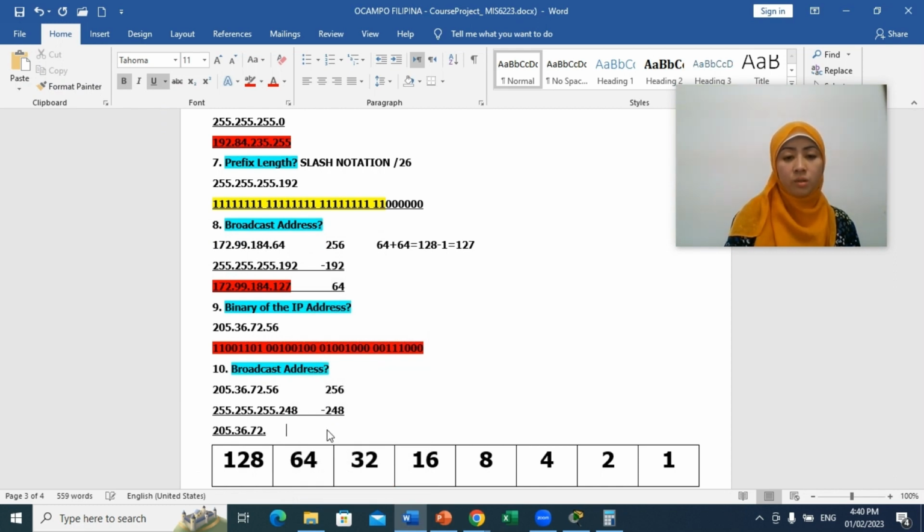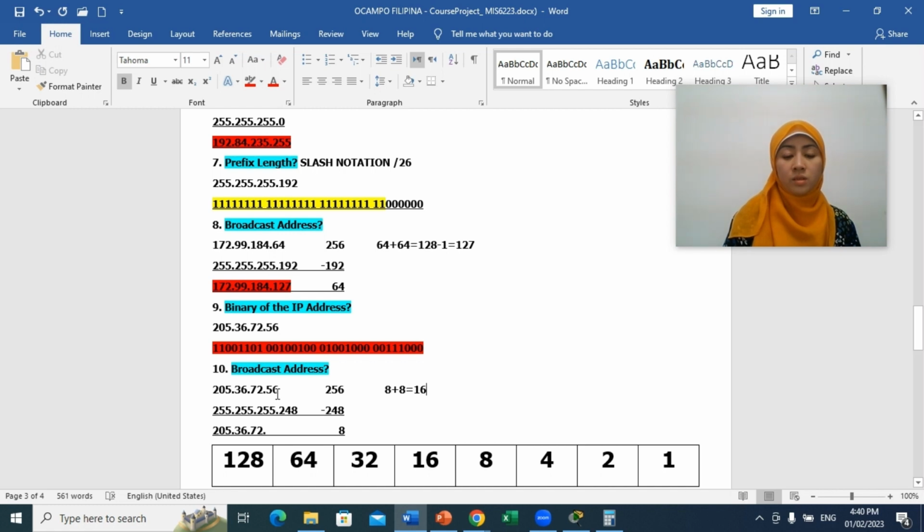So our magic multiplier is 8. Okay, so 8 and 56, it's too far. So we need to add 8 to itself. So 8 plus 8 is equal to 16.